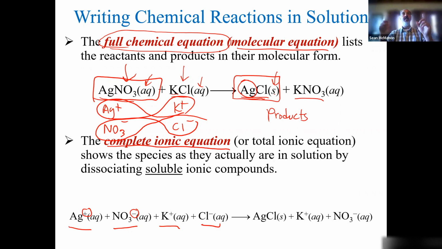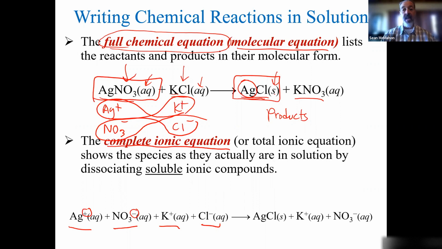Now, why? That's because the chloride and silver ions have a stronger interaction. So that solute to solute interaction between silver and chloride is greater than the interaction between the solute and solvent. Basically, chloride likes silver more than it likes being surrounded by water.